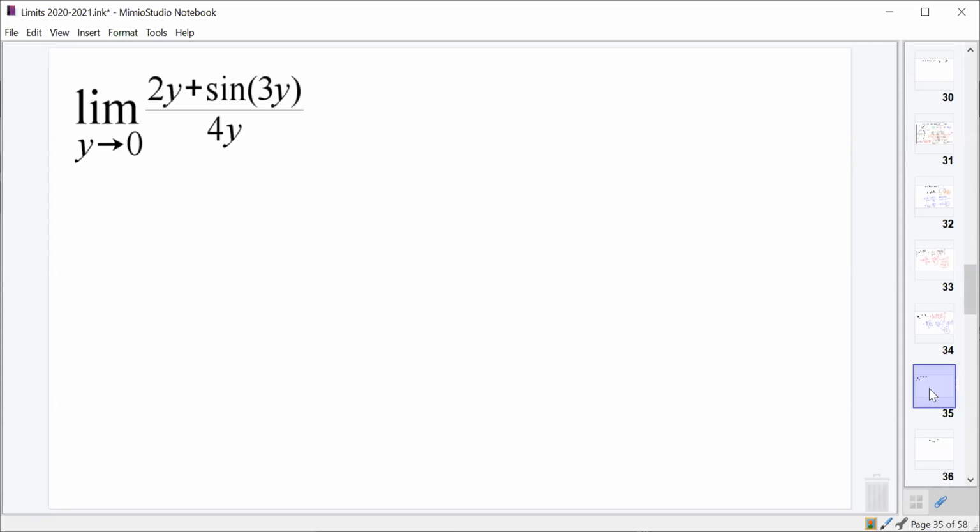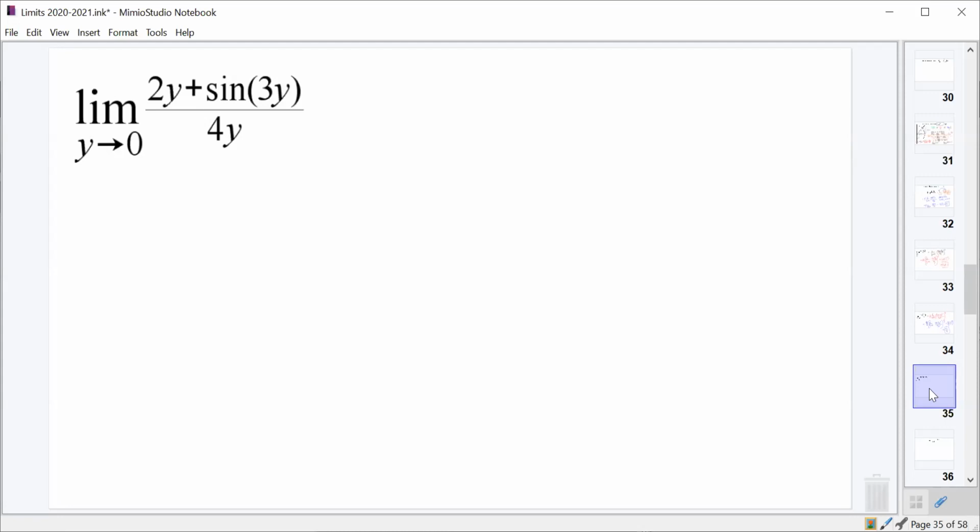No, we cannot subtract a 2y. We can't just get rid of stuff. Even if we were to subtract, we'd have to add another 2y into it to keep it where it started. So we can't do that. We're going to have to use some of those rules that we had from yesterday.